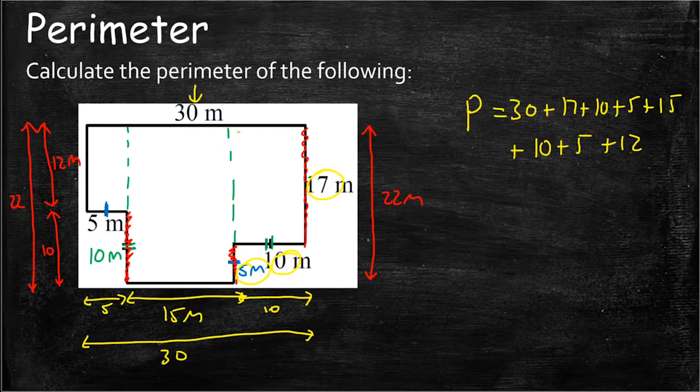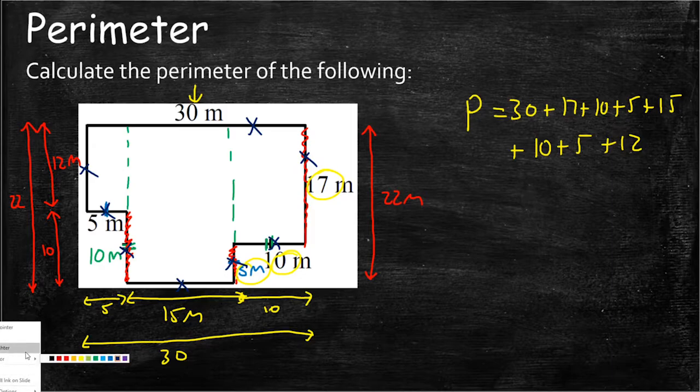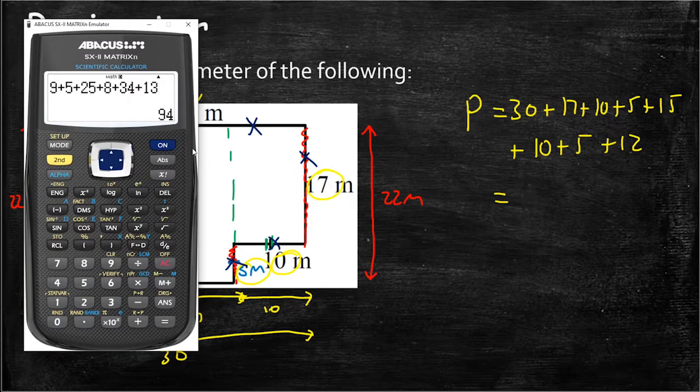So how many different sides do we have? Let's choose a different pen color. We've got 1, 2, 3, 4, 5, 6, 7, 8 different sides. We know that we've got all of our sides. Now all that's left to do is to add up all of those in our calculators. We'll grab the calculator out and we'll add up all those different lengths.